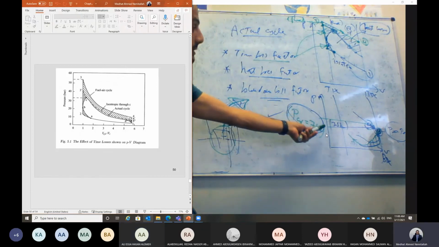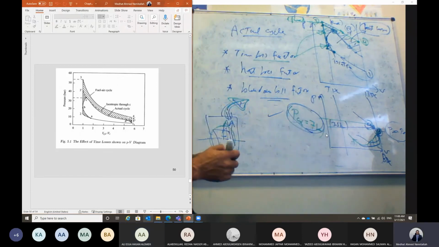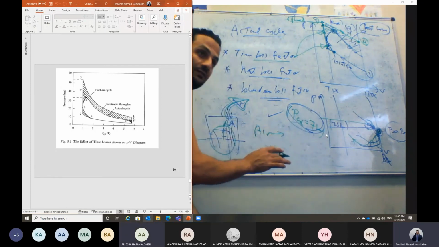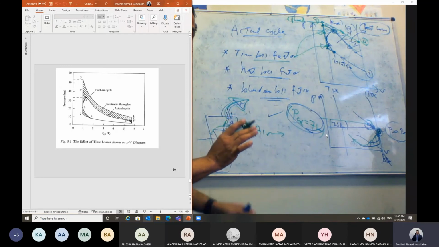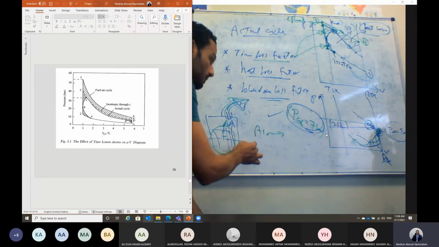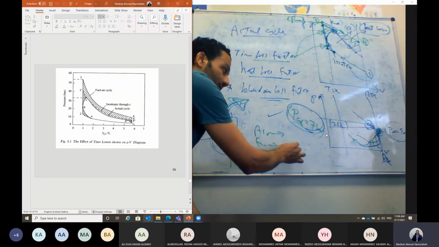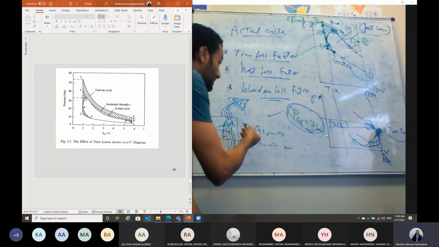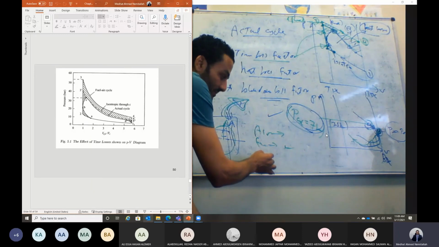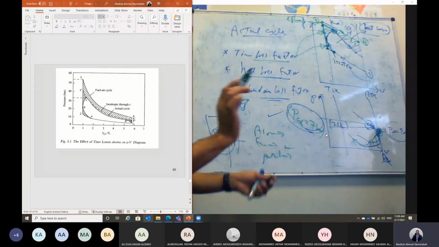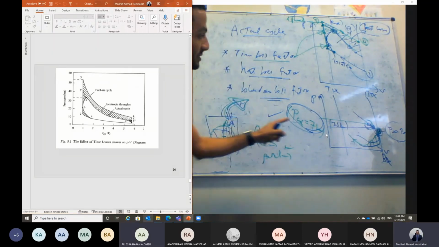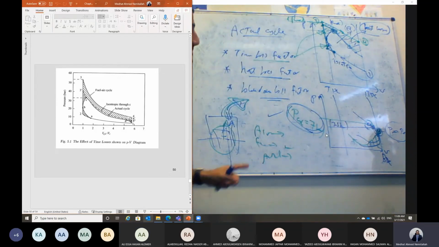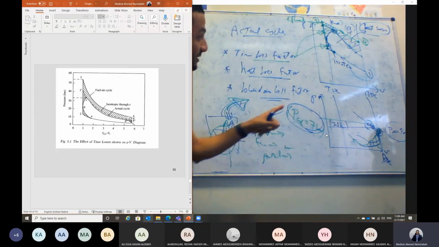Actually, there is no theoretical way to calculate it. That's why, Shabab, we started with the air standard cycle to try to develop some equations to calculate heat added, heat rejected. We went to the fuel air cycle, and I told you in the fuel air cycle we have to have experiment, and also like this for the actual cycle. For the actual cycle, it has to be based on the experiment. I have to measure the pressure at which the exhaust valve is opening, and then we can draw the cycle.